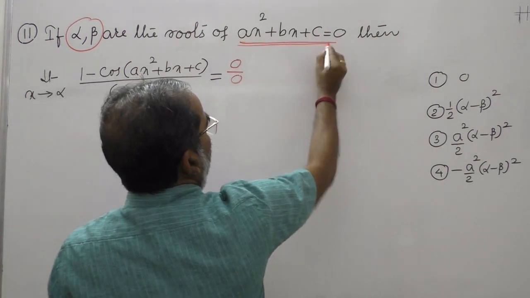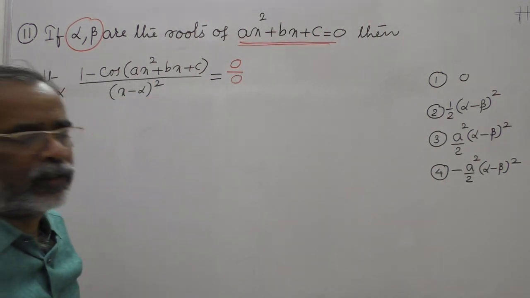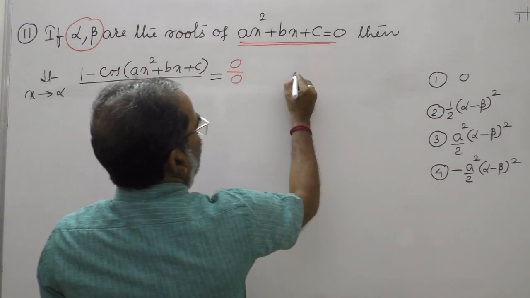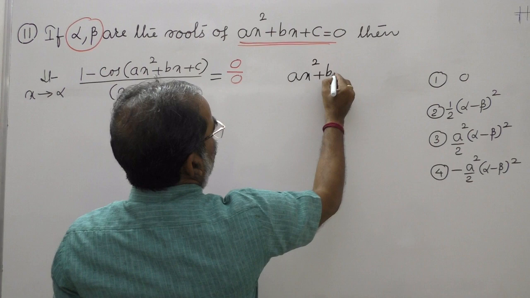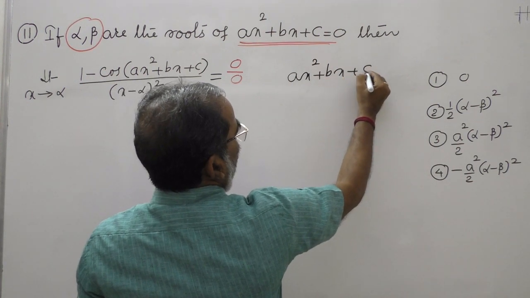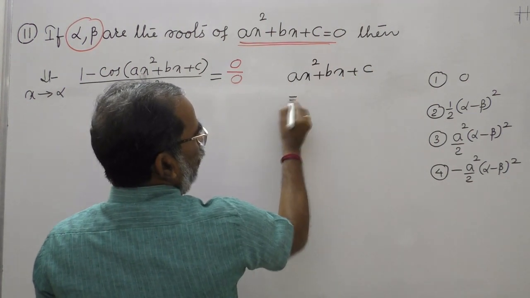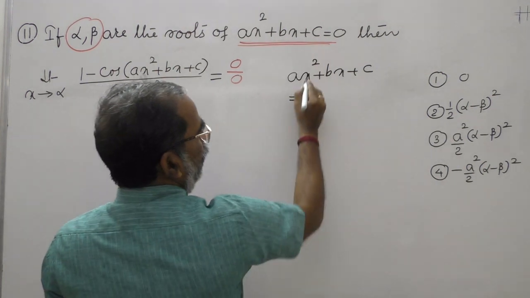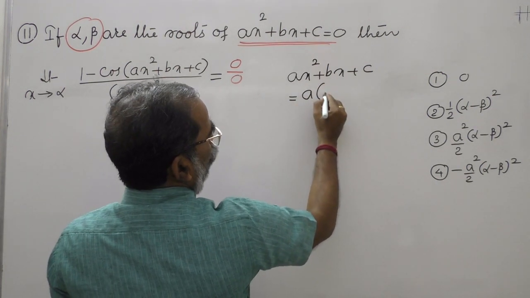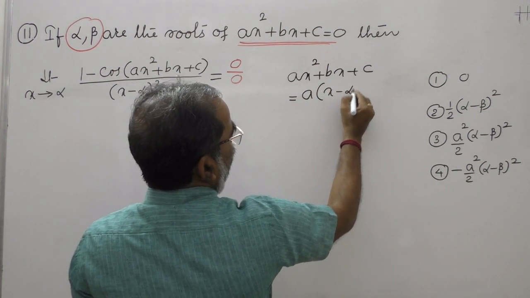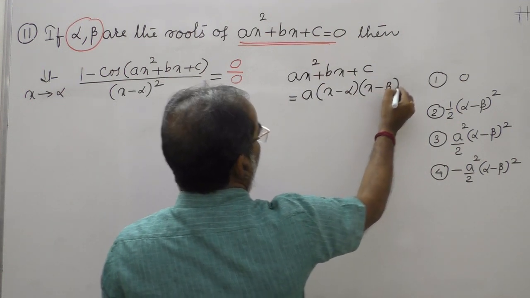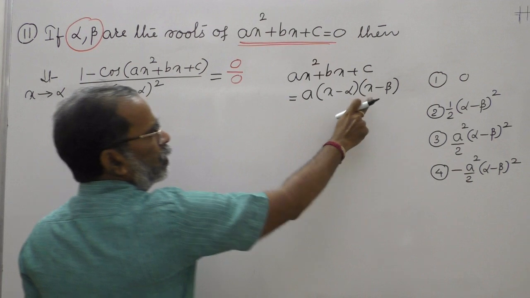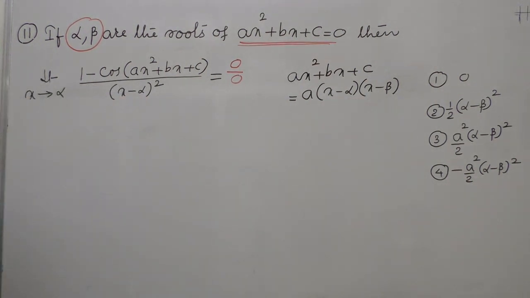So in quadratic equations and expressions we have a concept. If alpha, beta are roots of this quadratic equation, then this expression can be written as x square coefficient into x minus 1 root into x minus other root. This can be written like this.